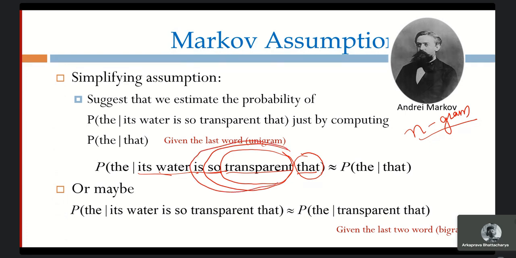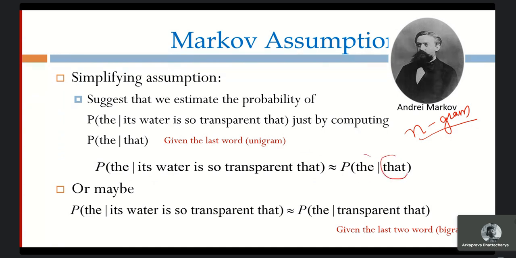So now you can see the probability of "the" given "its water is so transparent". If I look into the bigram model, this is where I would be looking into only one word, that is "that". So predicting "the" given "that".